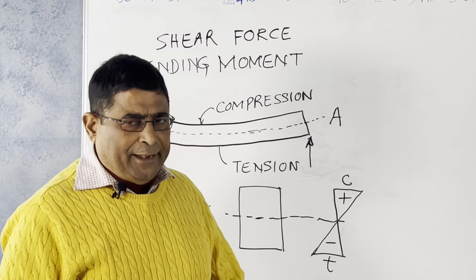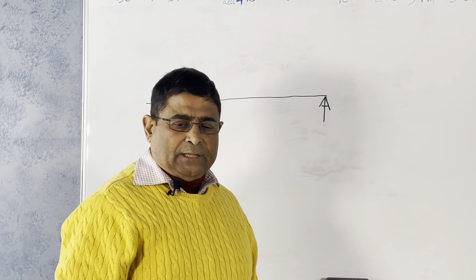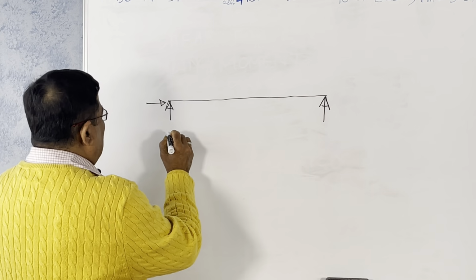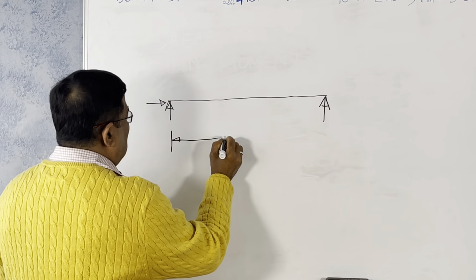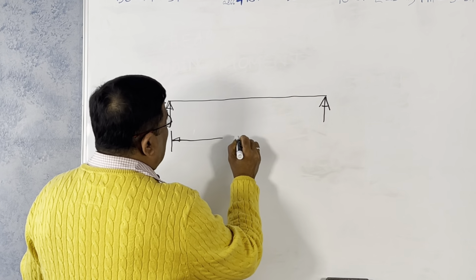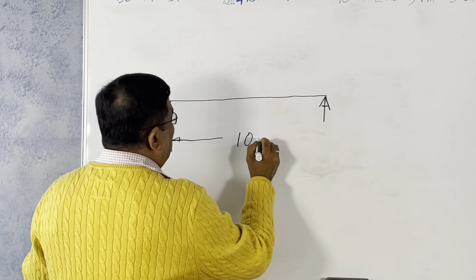The line diagram. Now, I am considering numerical values so that it will be easier for you. Say the length is 10 meter.